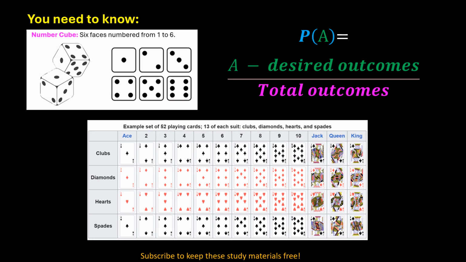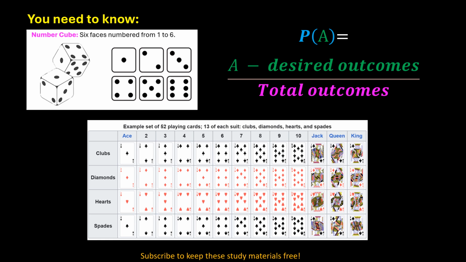If you haven't already, please familiarize yourself with the basic probability of an ordinary number cube, aka dice, and also for a deck of playing cards. Note that there can be a lot of questions asked because of the different types of cards in a standard deck of cards.